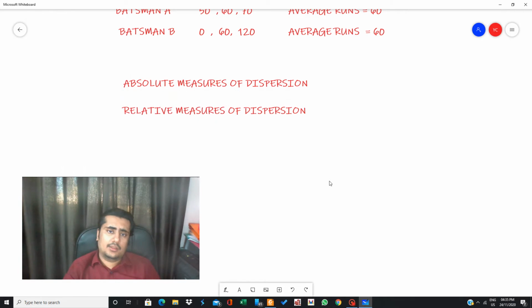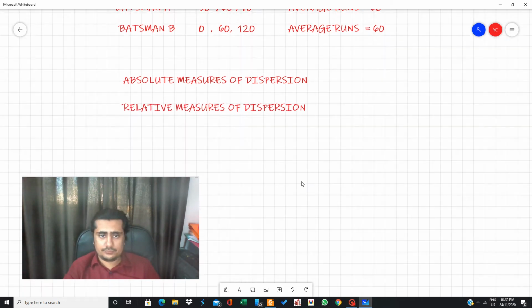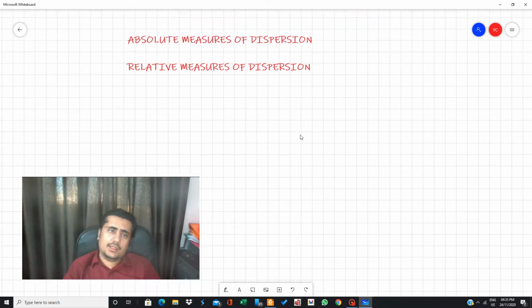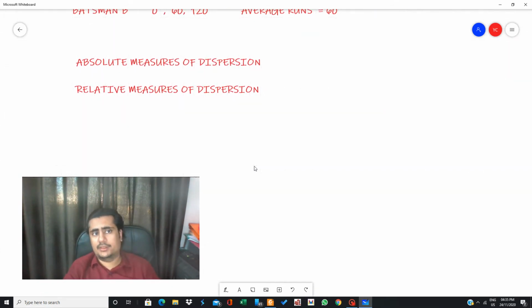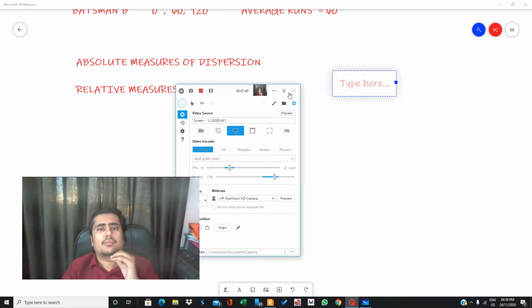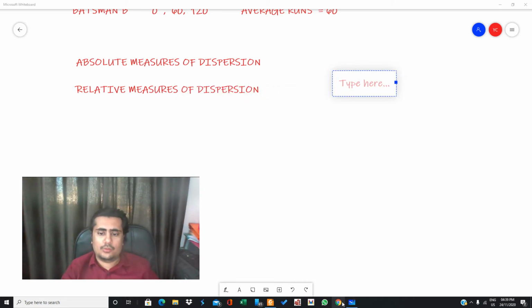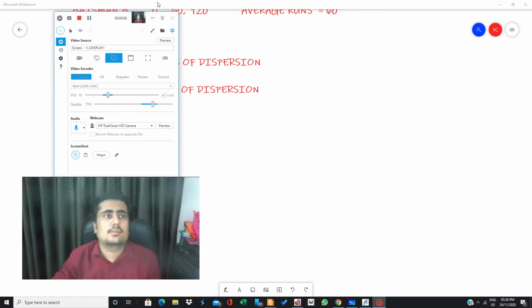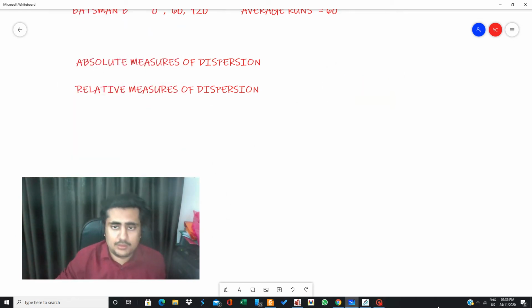Let us take an example to understand the absolute measure and the relative measure. Suppose there are two students writing the paper.